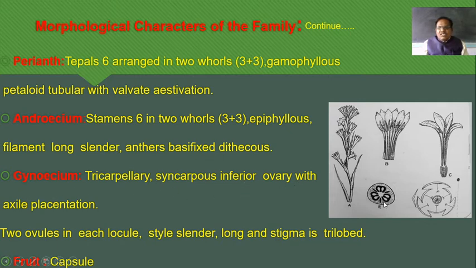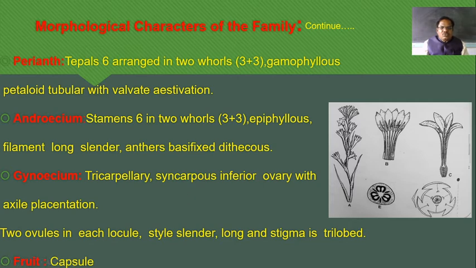Then gynoecium. This is the gynoecium. Tricarpellary, 3 chambers are there: 1, 2, 3. Tricarpellary, syncarpous. Ovary is inferior, no doubt, with placenta arising from the center. So, pay attention here, placenta arises from the center. So, tricarpellary, syncarpous, inferior ovary with axile placentation.